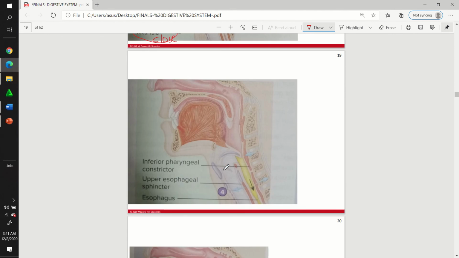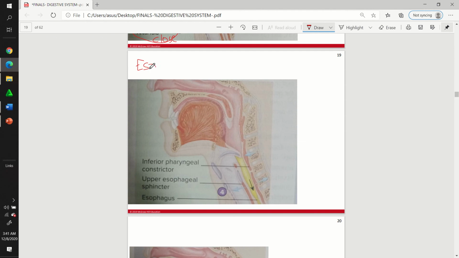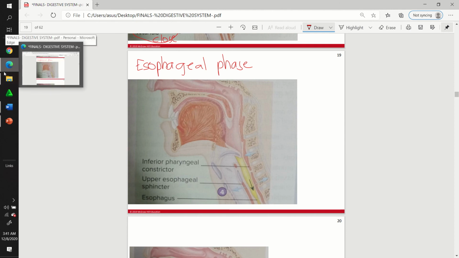Now, we go to your third phase. And what is your third phase, class? This is what we call your esophageal phase. So we have three phases: voluntary, pharyngeal, and esophageal. Your esophageal phase of swallowing is responsible for moving food from the pharynx to the stomach.